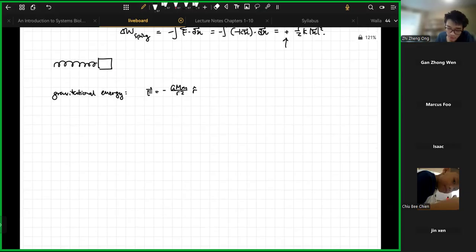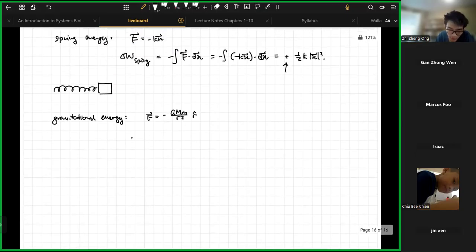Okay, so delta W will just be the integral.